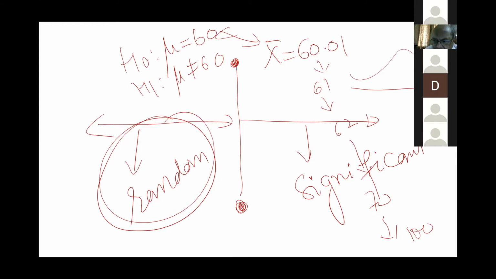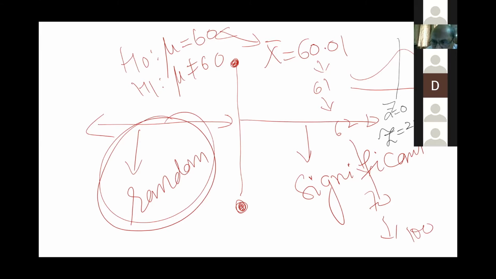This is my alpha, 5%. And let's assume that we are talking about Z statistics, mean 0, 5% level, two-tail, 1.96. Suppose my Z is coming to be 2.30. That Z will be somewhere here.